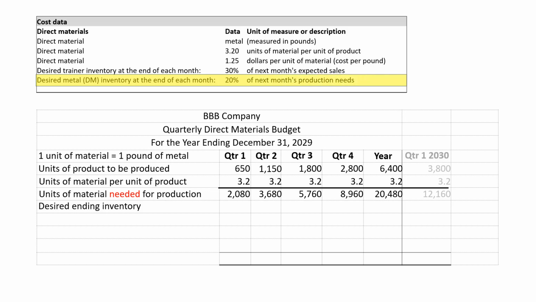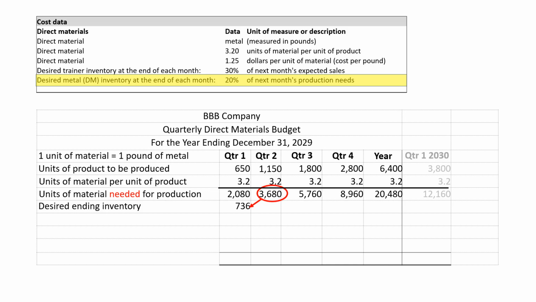In this case, we're told that BBB wants 20% of next quarter's needs to be on hand at the end of each quarter. So at the end of quarter 1, we want 20% of quarter 2 needs. 20% times 3,680 units of material equals 736. Our cushion at the end of quarter 1 is 736 pounds of metal.